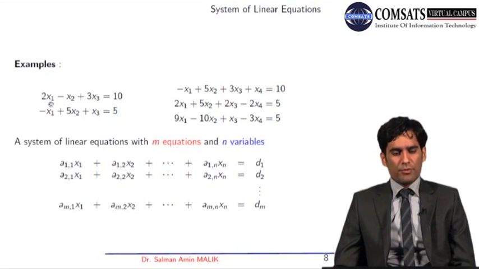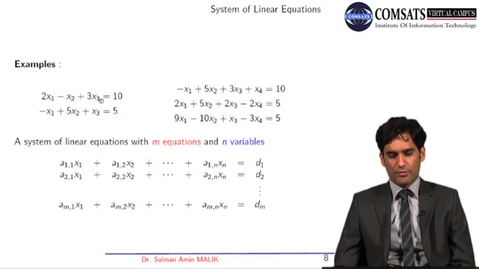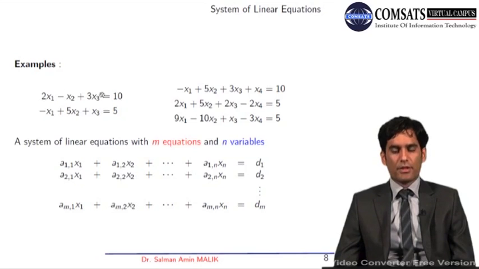In the first example, we have 2 equations and 3 variables. The variables are x1, x2, x3, and this is the first equation. And we have the second equation with variables x1, x2, and x3. So this is a system of linear equations which has 2 equations and 3 unknowns.